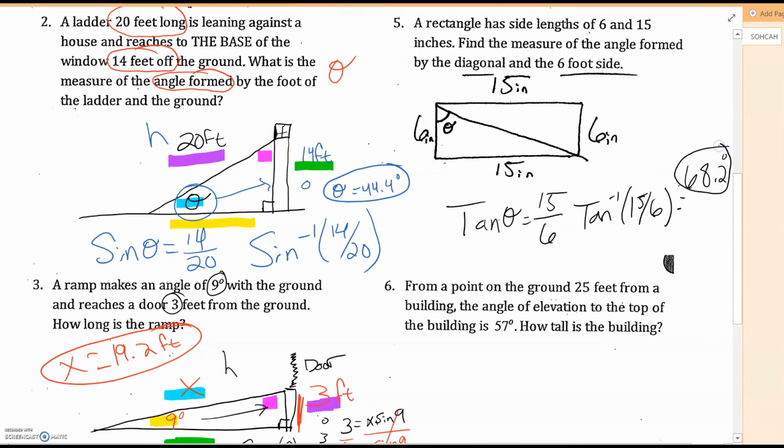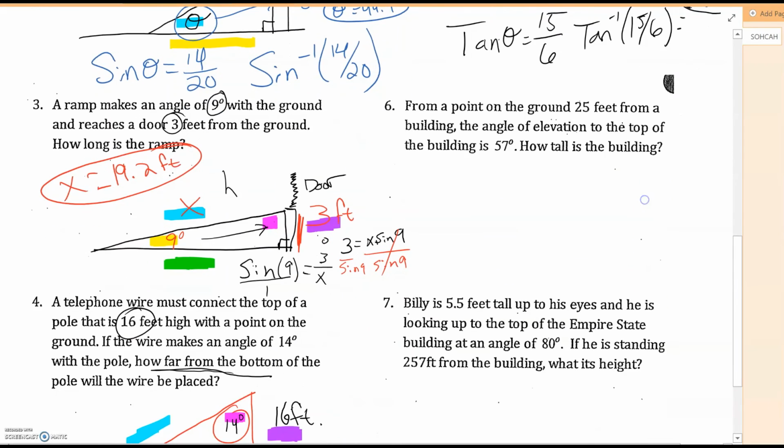All right. And we've got 68.2 degrees. 15 is our opposite, 6 is our adjacent, so that means we use tangent. Okay, go ahead and read number 6 and then set up your picture, and then I'm going to do that myself and ask you where each number goes.